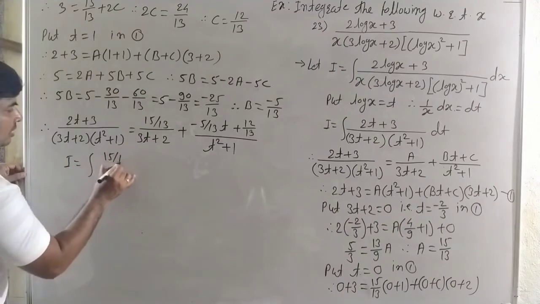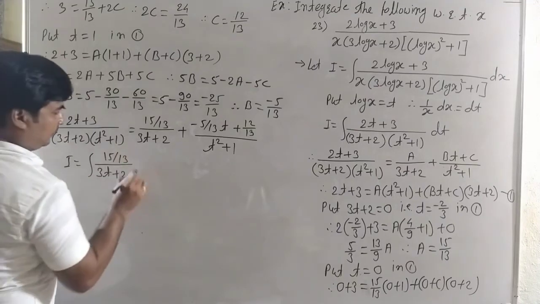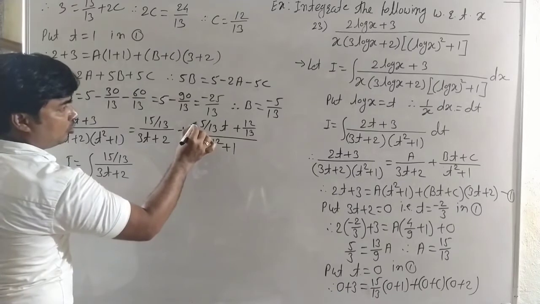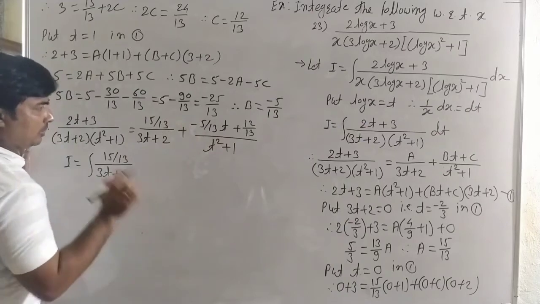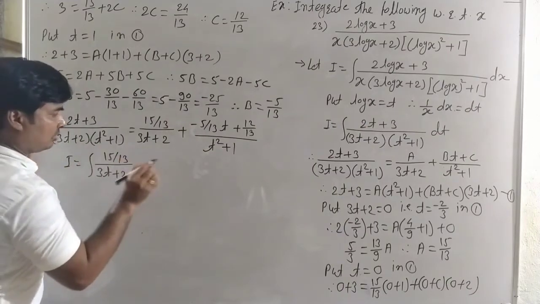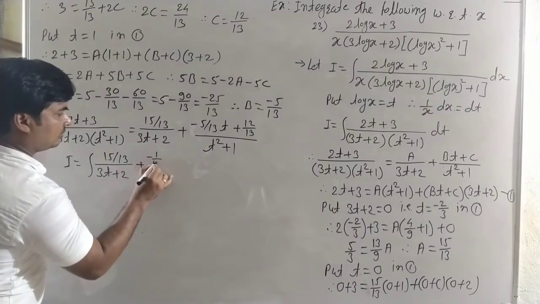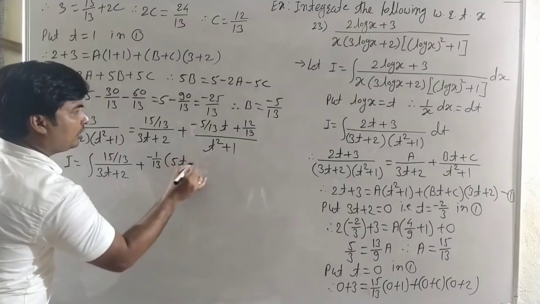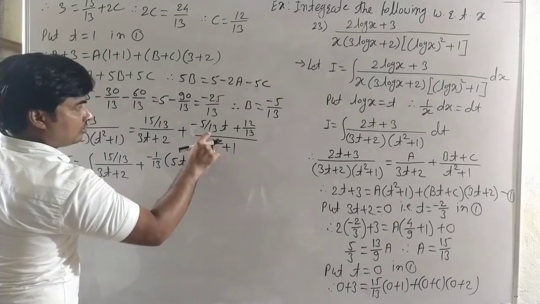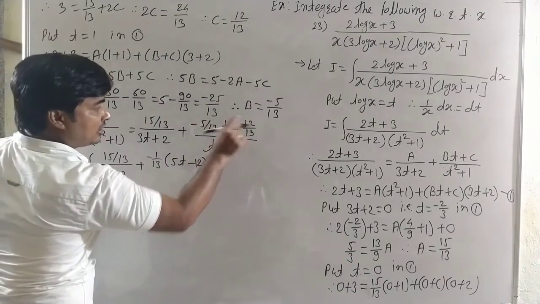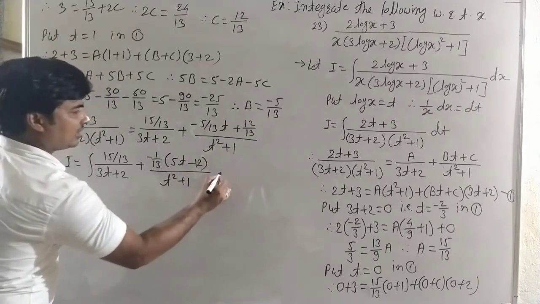Here it is 15 by 13 upon 3t plus 2. See carefully. Now here we can take the common minus 1 by 13, therefore it is plus, as it is minus 1 by 13 into 5t minus 12 upon t square plus 1 dt.